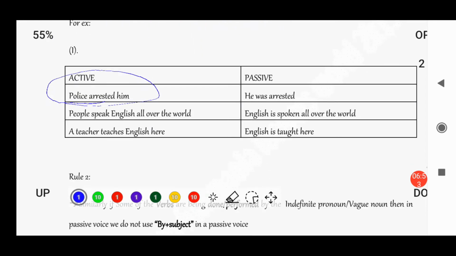I am going to clear this confusion with the sentences. Suppose the sentence is: the police arrested him. On converting it into a passive sentence, we write: he was arrested, but we do not write by police, because we already know that this work is being performed by a specific subject, that is the police.